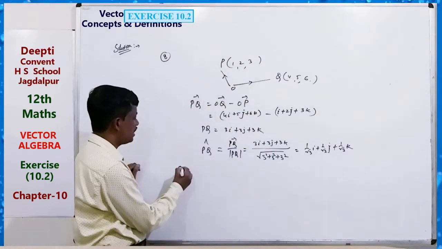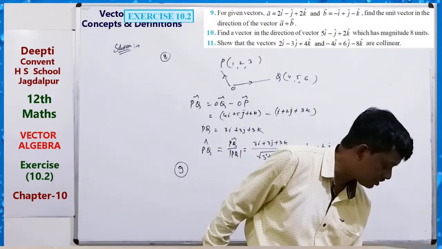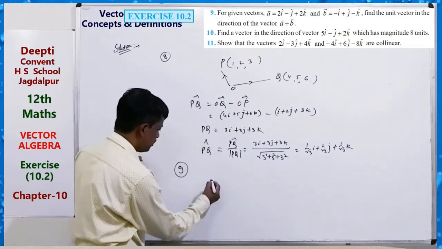Similarly, question 9. Here 2 vectors are given, 2i minus j plus 2k and the other.